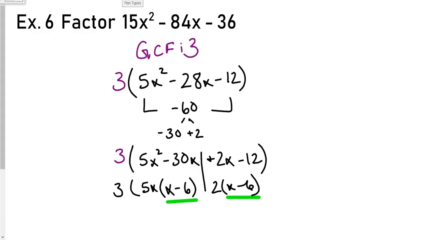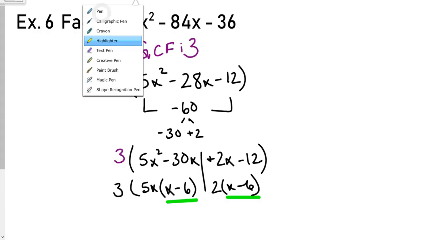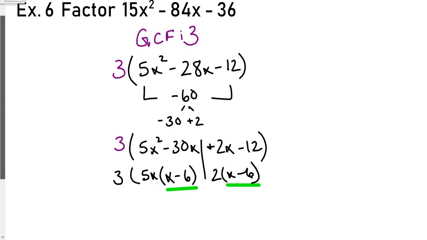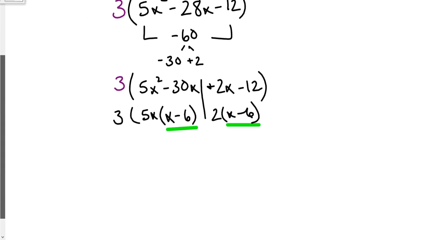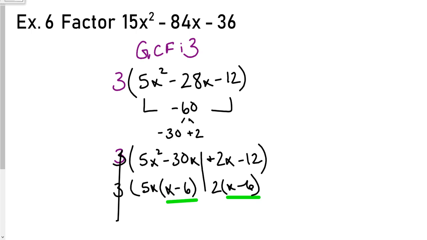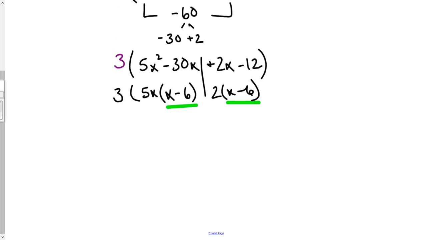But the GCF of 3 that I've already factored out just stays exactly where it is. So there's still a 3. There we go, that's still on the outside. Okay, so I'm going to put a big bracket, and we factored out an x minus 6. And then what was the part that was left over?